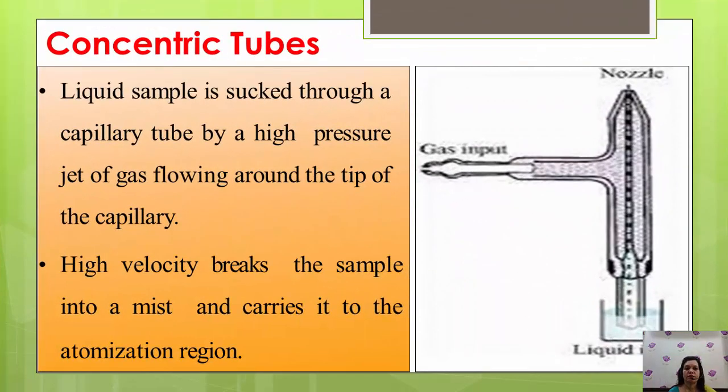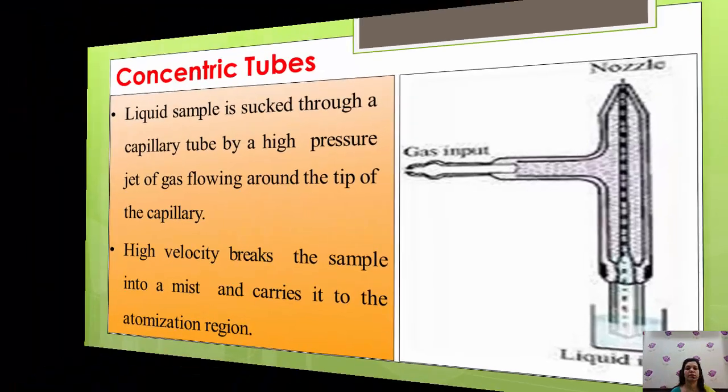Concentric tubes: the liquid sample is sucked through the capillary tube and comes to the nozzle, where a jet of inert gas at high pressure flows around the capillary, around the nozzle. The high velocity of this gas breaks down your sample into a mist of smaller droplets.